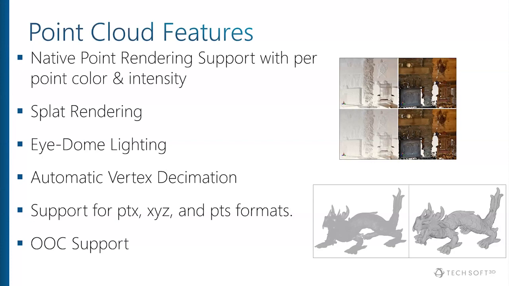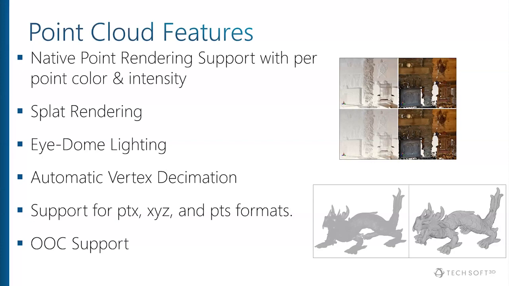There's a feature for automatic vertex decimation that sits aside of our frame rate technology. It's a very simple function call. You can just reduce the number of points that are getting displayed at a given time. It's kind of a cheap way to improve performance. And we have basic support for these ASCII-based point cloud formats.